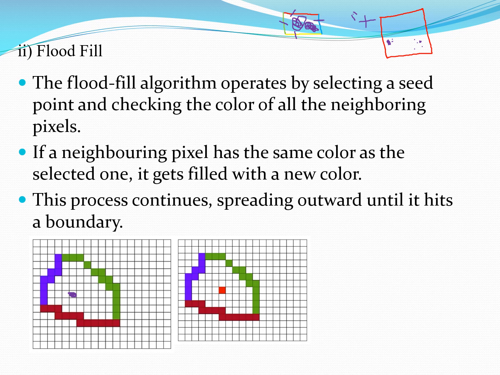Then it will check the color of that pixel, whether it matches any boundary. No, then it will fill with the new color, that is the red we selected. This is how it will work. Then it will check its neighbors, that is top, bottom, right and left, right?